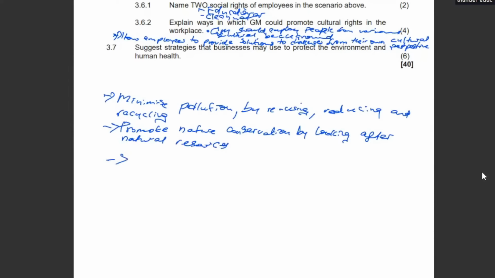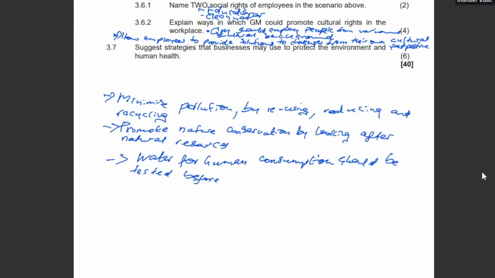And the last one, water for human consumption should be tested before it is used.